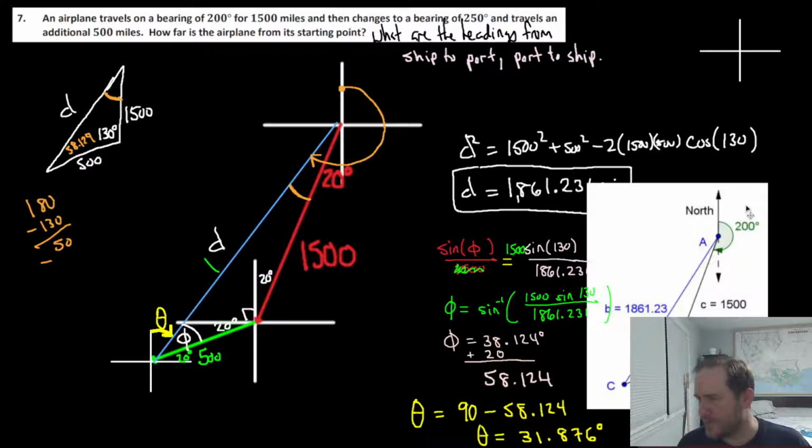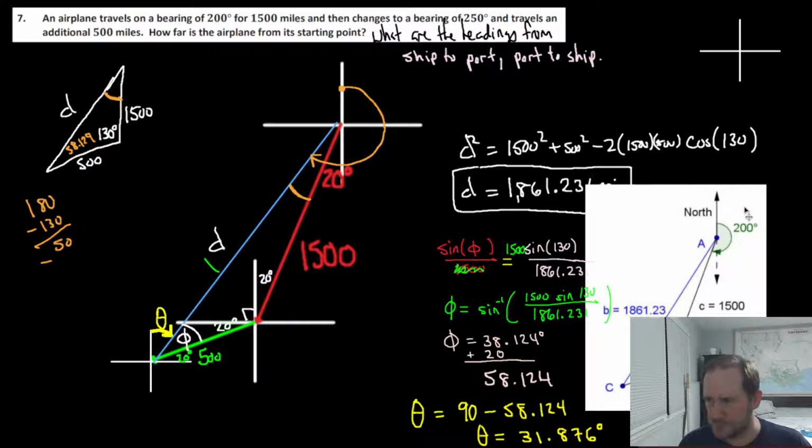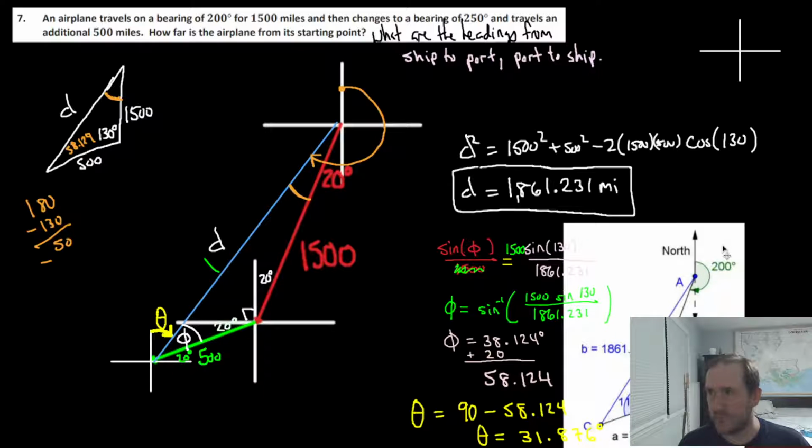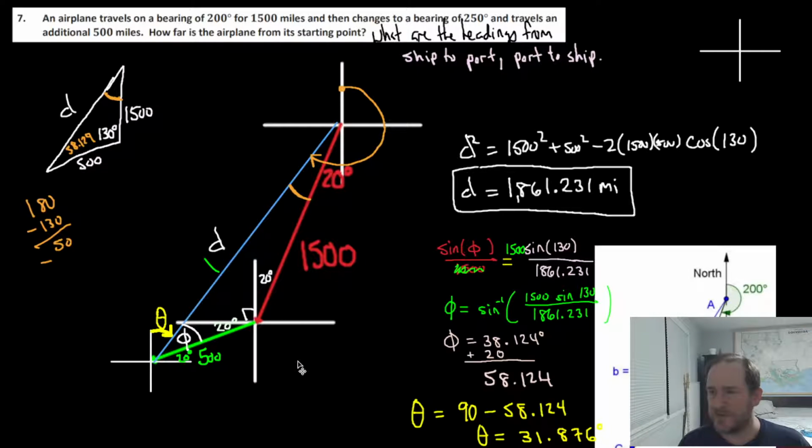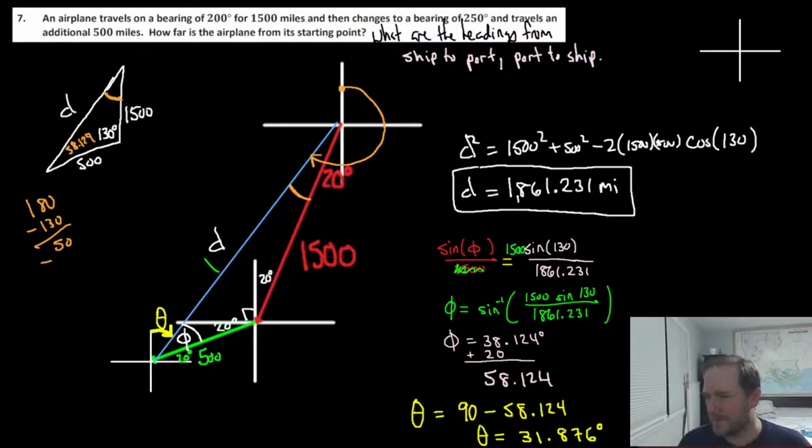Why are you calling that 110? That dude's not right. That's 20. And that's 200. So that's 20. No, this is definitely 90, 110, 130. Oh, this is not a good way to end a video.